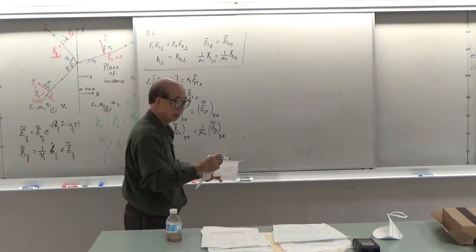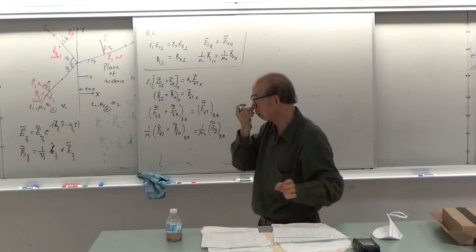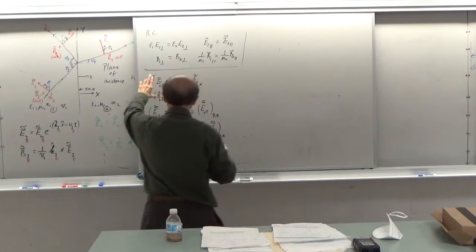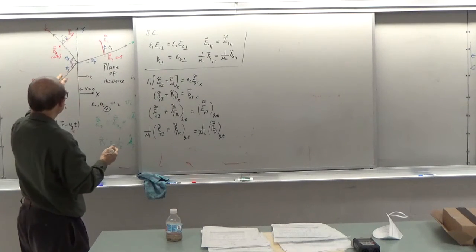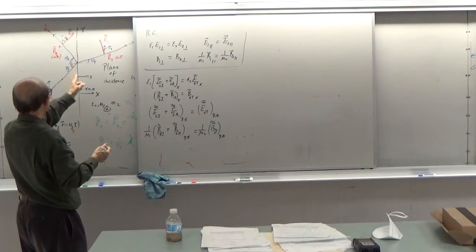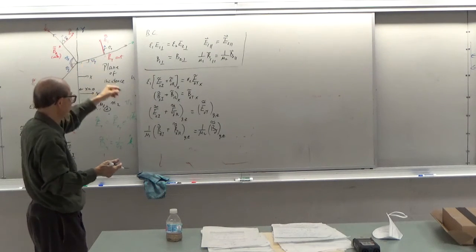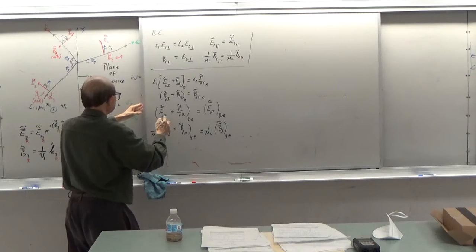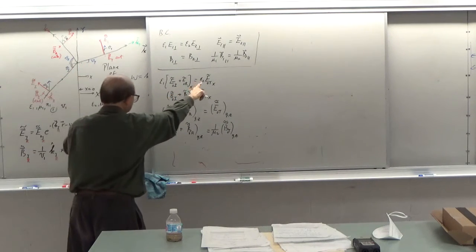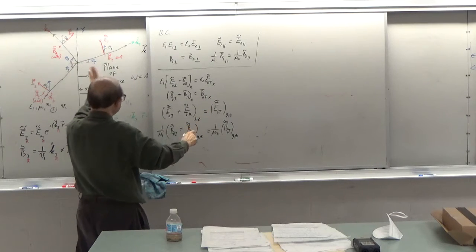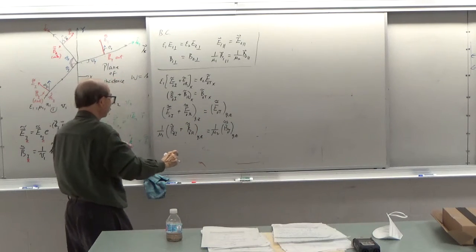So we have to obtain these four equations for the case we are talking about: incident beam in, reflected beam, and then transmitted beam. The left side refers to what happens on the left-hand side, and the right side refers to the transmitted beam on the right.